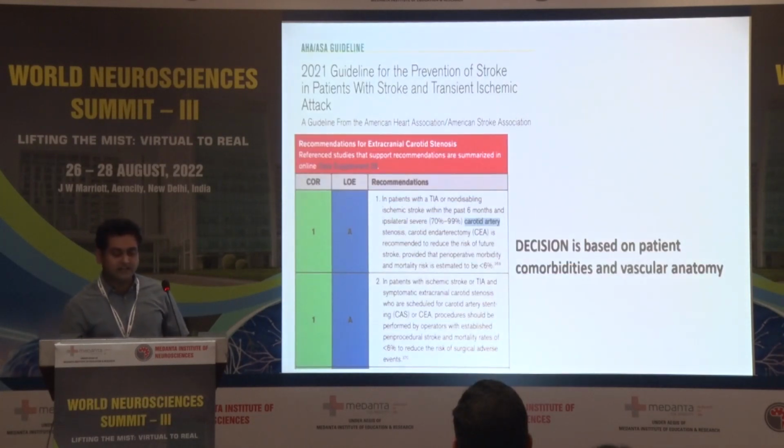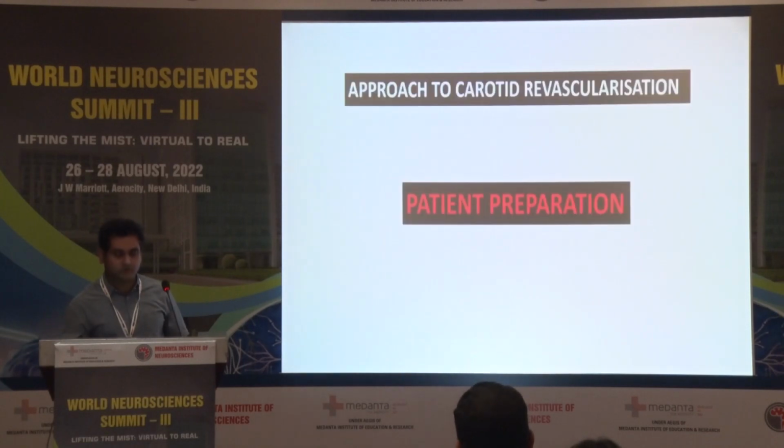The recent guidelines say that in a patient with a TIA or non-disabling ischemic stroke within the past 6 months, CEA or CAS is recommended with a periprocedural risk of stroke and mortality of less than 6%. So the decision is also based on the patient's comorbidities and vascular anatomy.